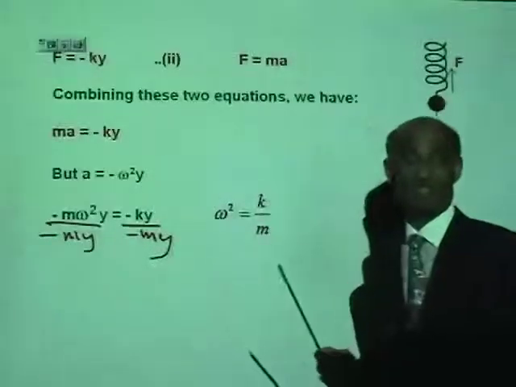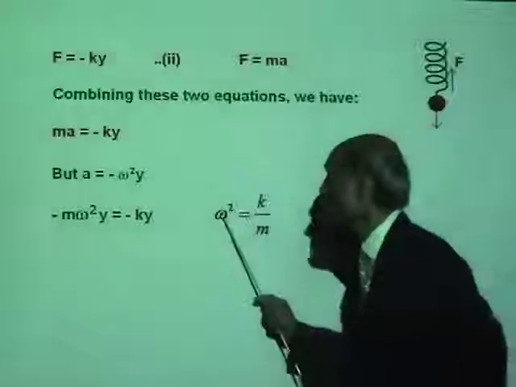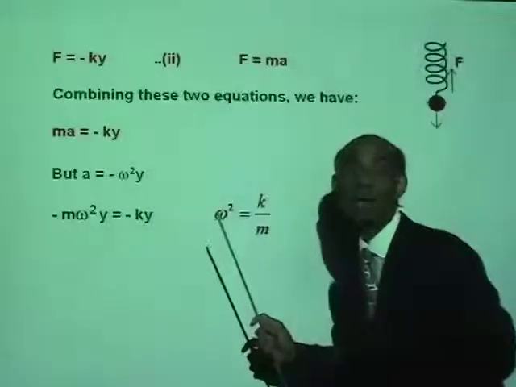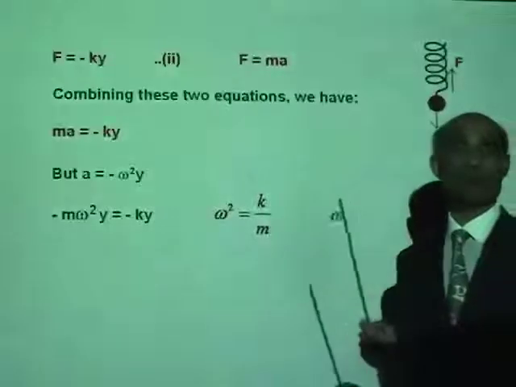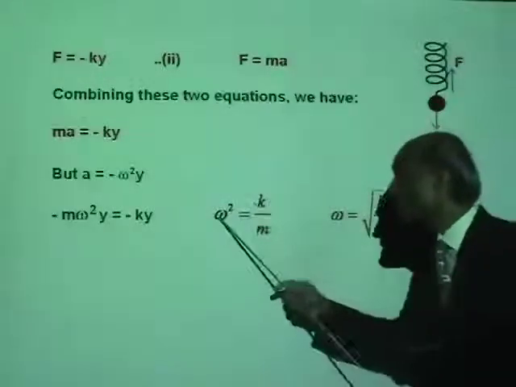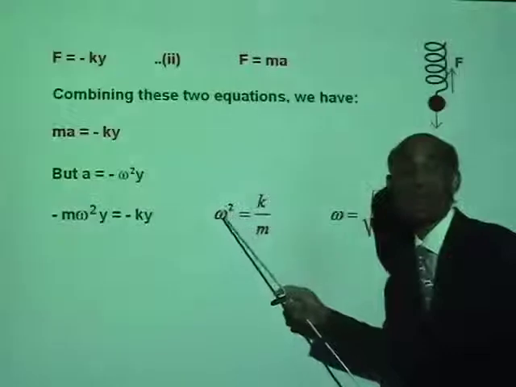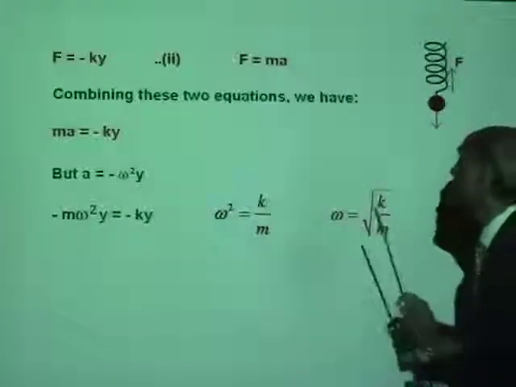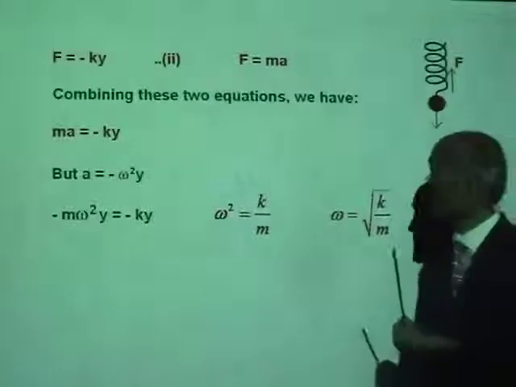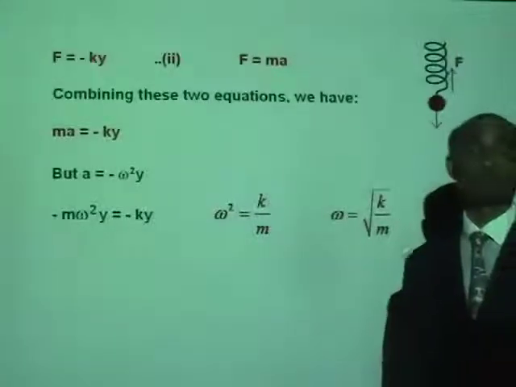Beautiful equation. Alright, now tell me, give me an equation for omega that we obtained a little while ago. Let's solve for omega from here. If omega squared equal to k over m, then omega equal to square root of k over m.